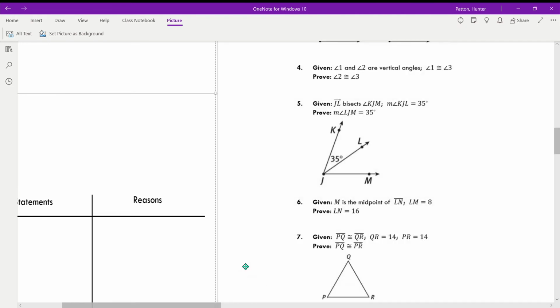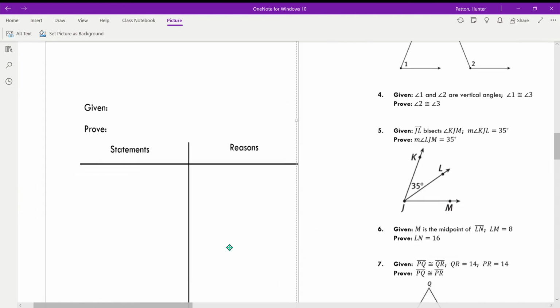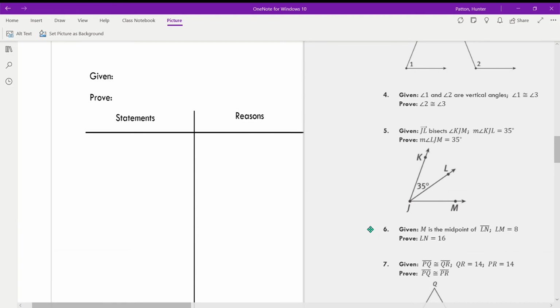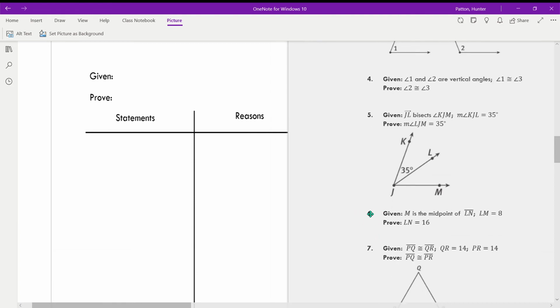Going down here for number 5 on our next page. Okay, so number 5, we got this picture here. I see something being bisected, so let's write it down.